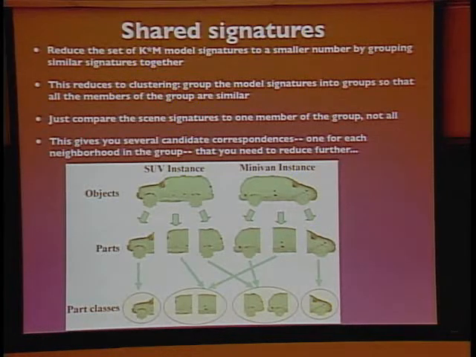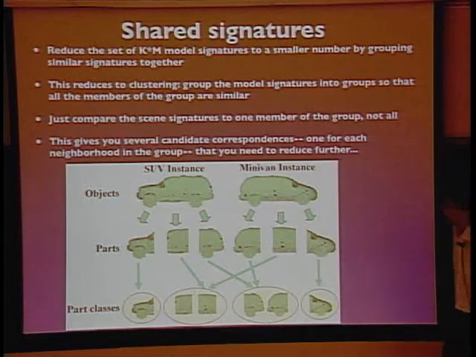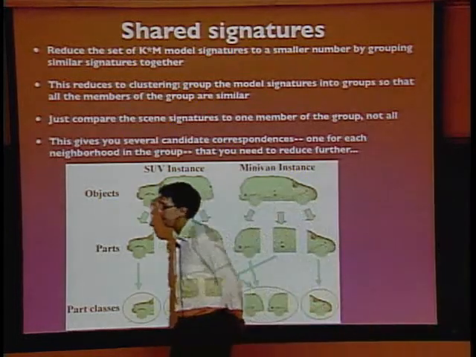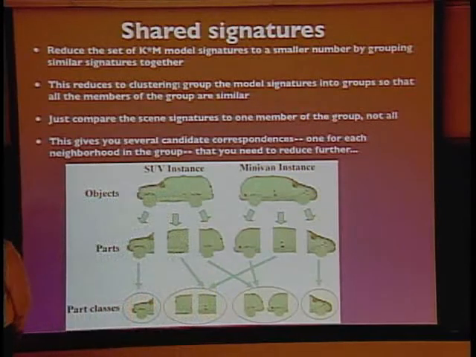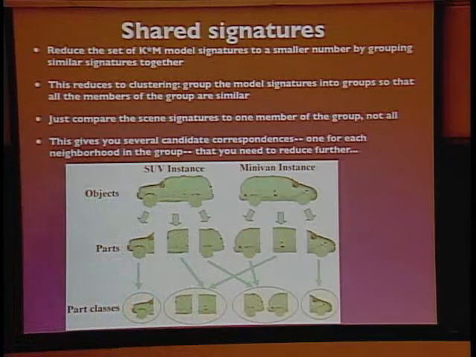The way I described it in the opening was that you would have one set of shape signatures for all of the SUV front ends, assuming that all SUV front ends are similar to each other, and a set of shape signatures for all SUV back ends, and that these would be distinct from the set of all shape signatures for minivan front ends and minivan back ends.